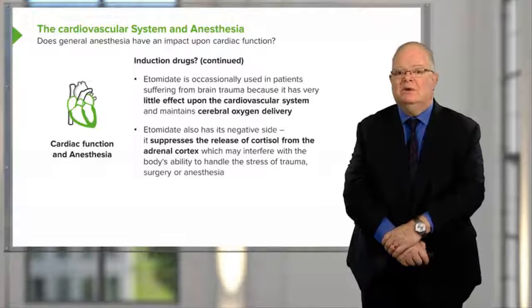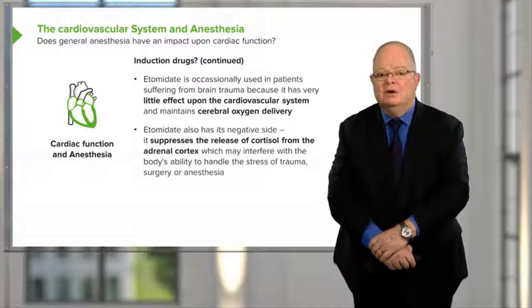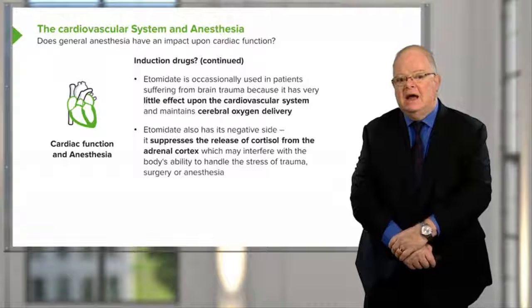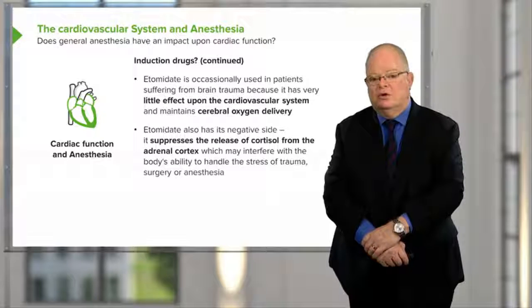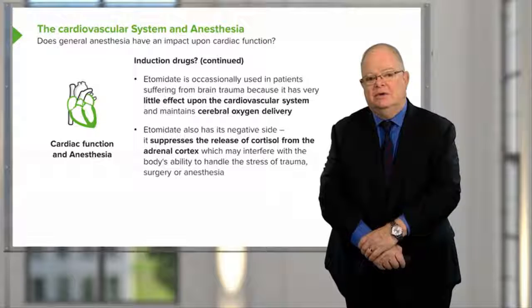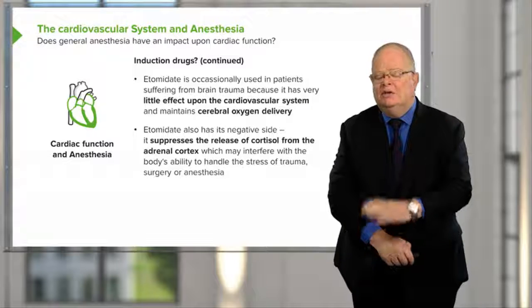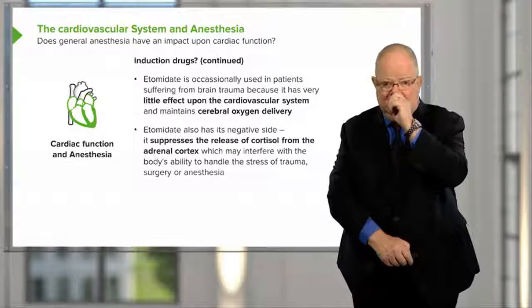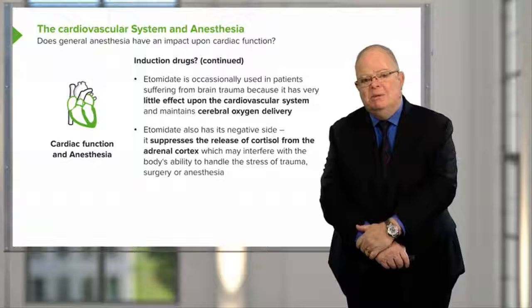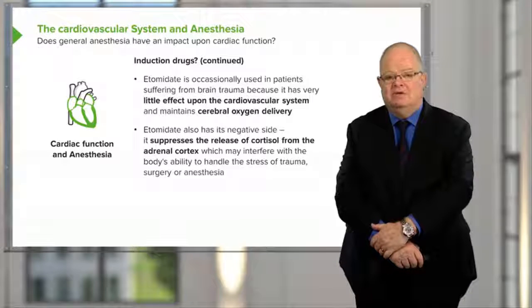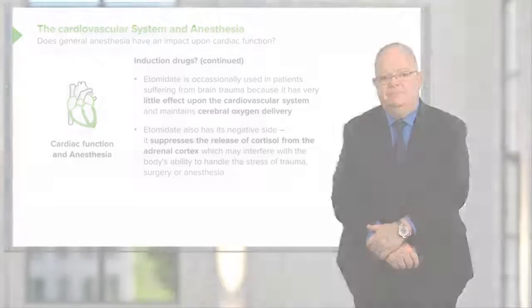It suppresses the release of cortisol from the adrenal cortex, and this may interfere with the body's ability to handle the stress of trauma, surgery, or anesthesia. And there are some reports that suggest that unexpected death following surgery, not at the time of surgery, but in the weeks to maybe a month following surgery, is higher in patients who have had etomidate.